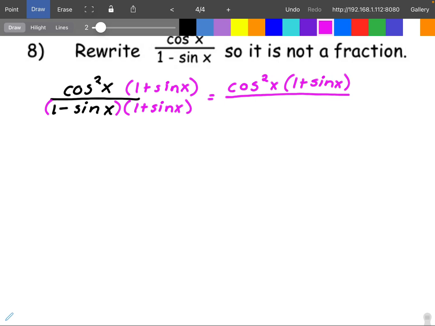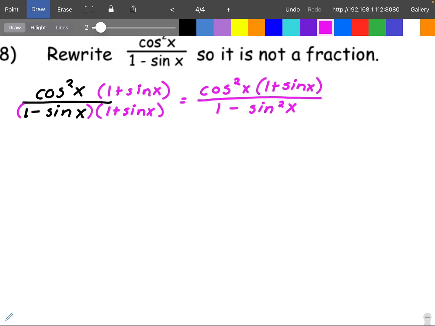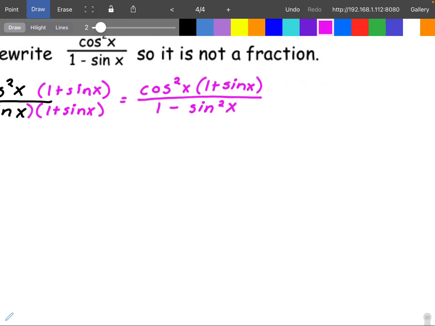And then I know that the denominator of 1 minus sine x times 1 plus sine x is going to end up giving us, when we multiply it out, 1 minus sine squared x, because those middle terms should cancel out. And then I know from my Pythagorean identity that 1 minus sine squared x is the same thing as cosine squared x.